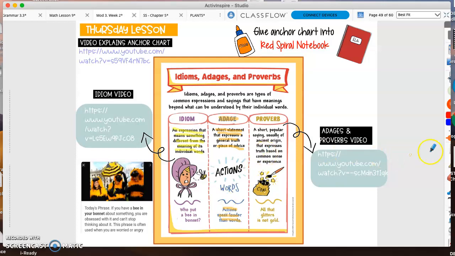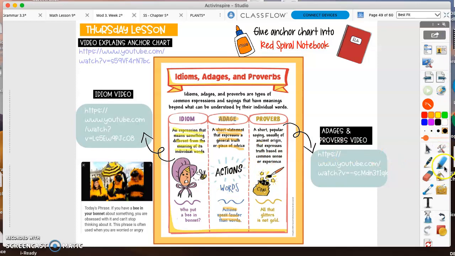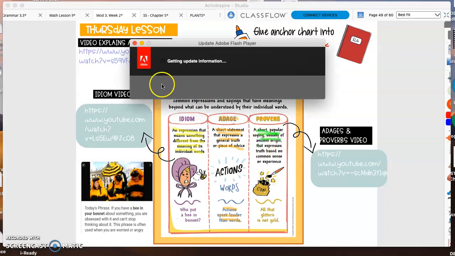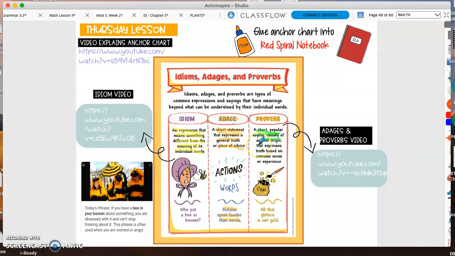A proverb is something else we're going to look at today. A proverb is a short, popular saying, usually of ancient origin, so it comes from something way back in the day, that expresses truth based on common sense or experience, okay?